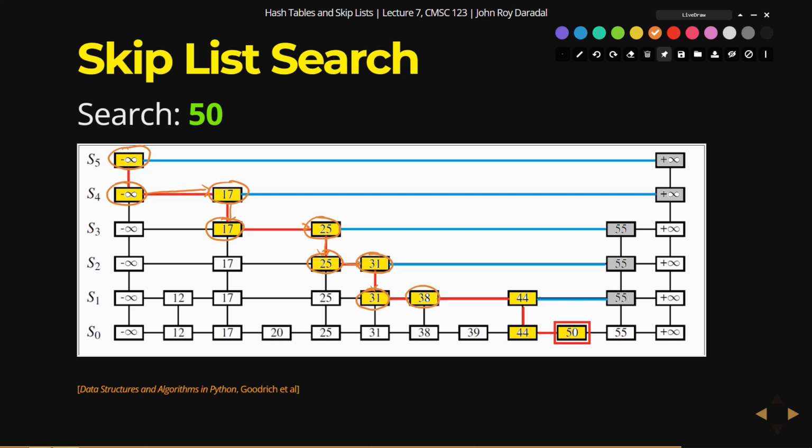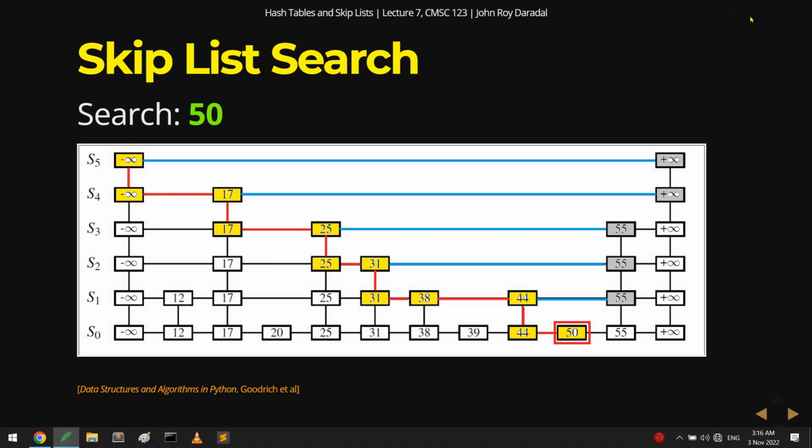That is also safe, so we'll go here. 44, and then after 44 is 55. So it's not safe to go forward anymore because we'll overshoot 50, so we'll go down instead. We're right here, and when we check the next one, it's already 50. So we've found our item, which was 50. We found it here. So that is the process for searching.